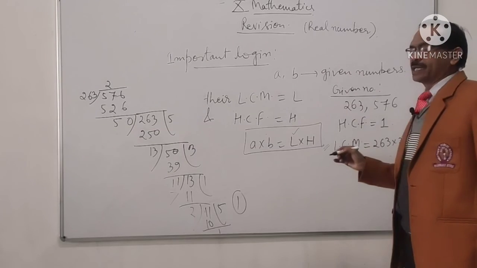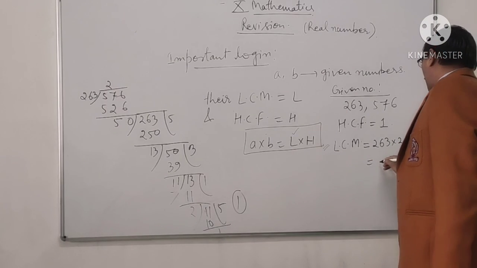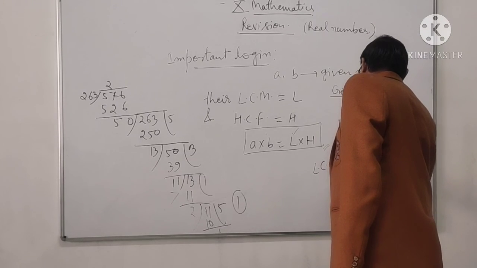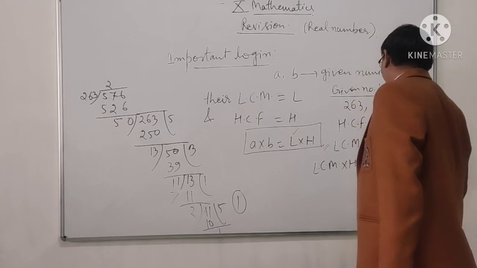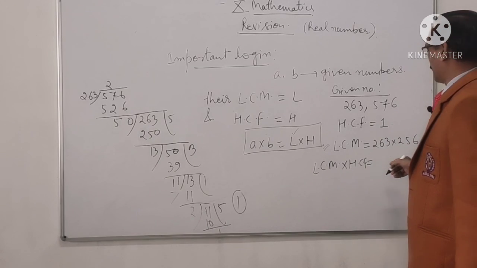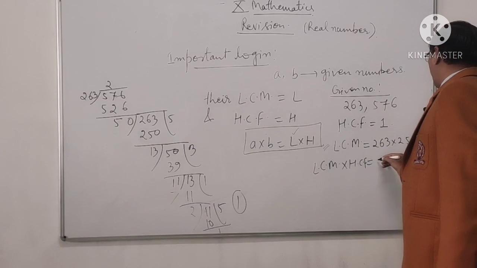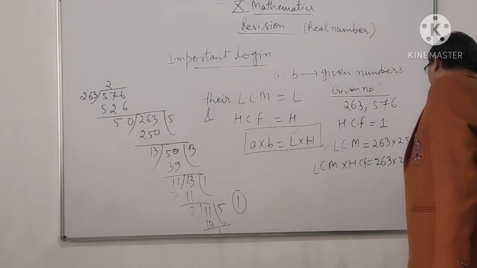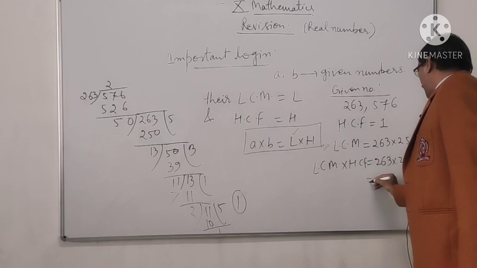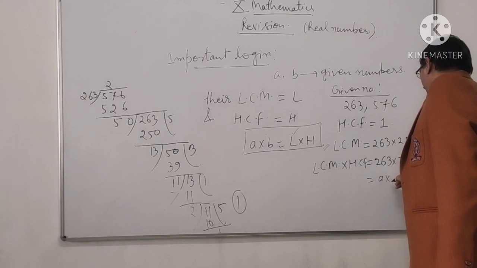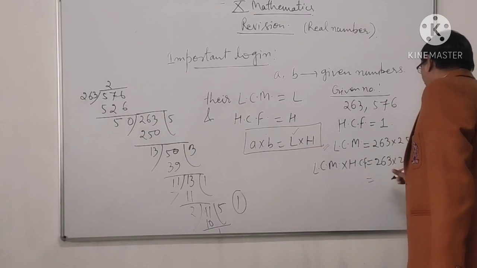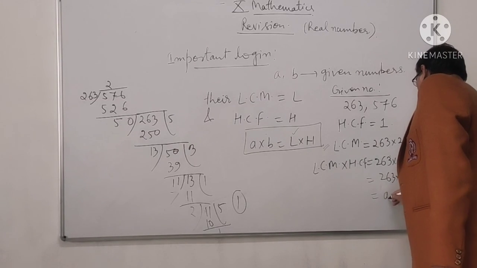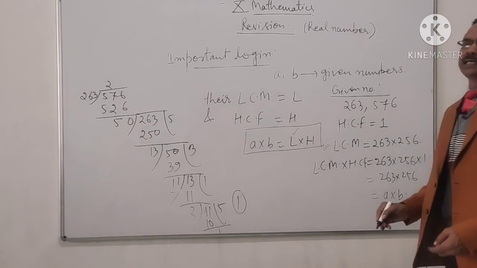So it is very easily simplified. You can write LCM into HCF, it is 263 into 576 into 1. It becomes A into B. No need to multiply them. So it is A into B, and very easily it is verified.